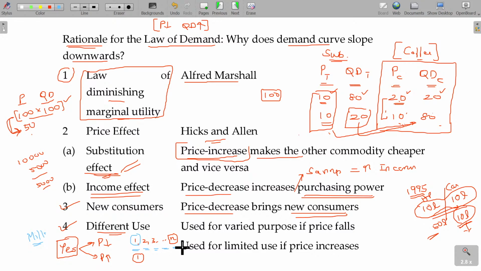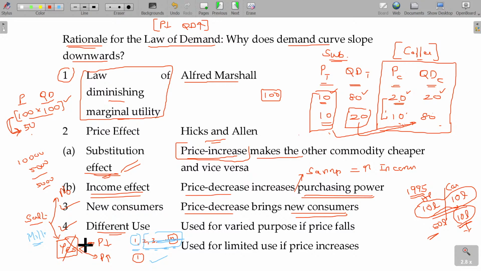If the milk price is very high and not available, then you cut short all other uses, you start using it only for one need. Now, when it comes to salt, come on, tell me, will it have more use or less use? Less use.